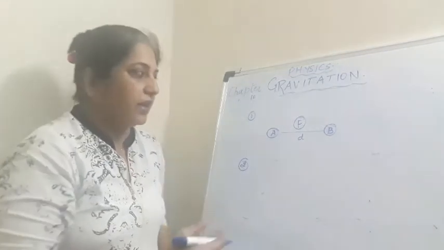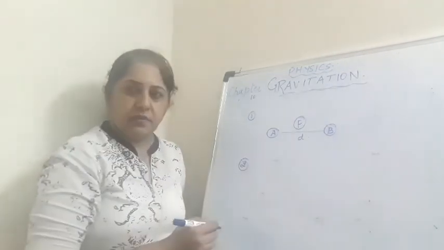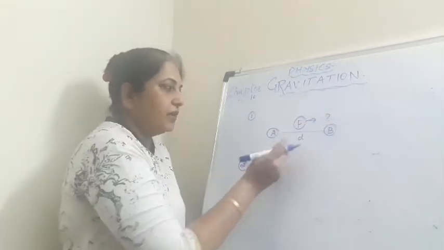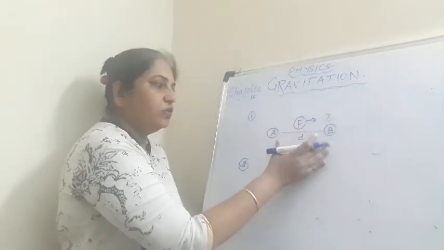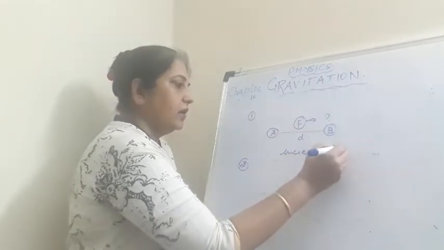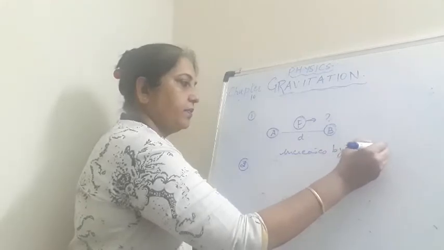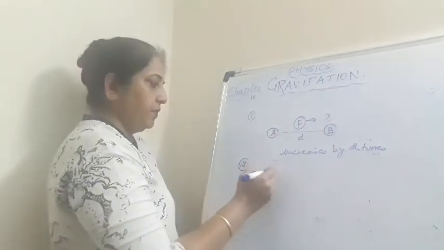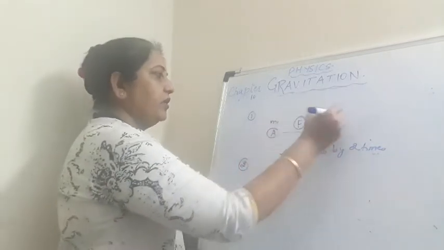Now the question can be asked, what happens to this force if the distance between the two objects increases by 2 times? Or the question can be, this is m1 and m2.